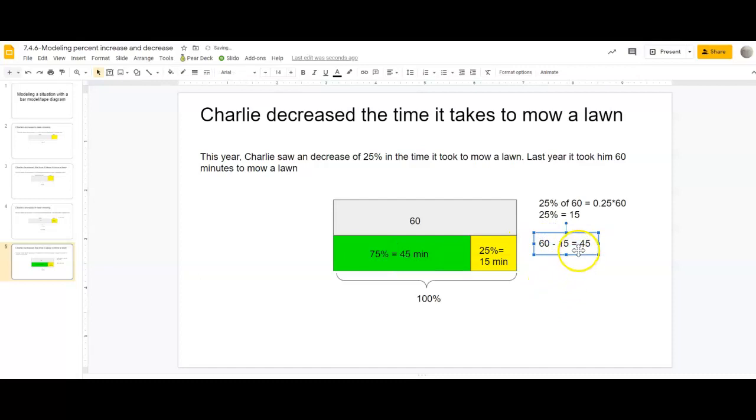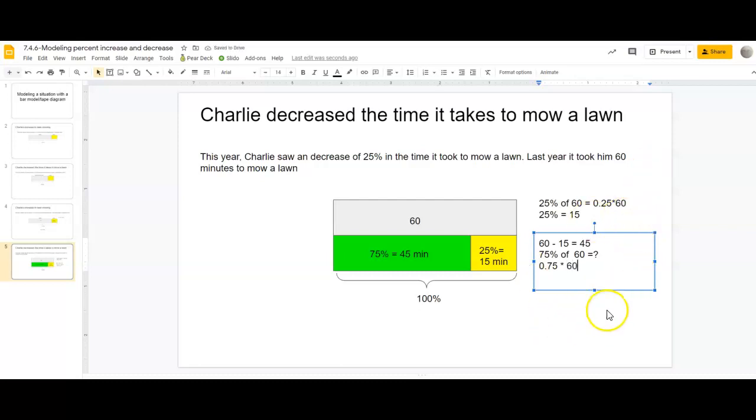Okay? So if I was going to take this one, though, and let's say I said, I wonder what 75% of 60 is. Right? What is 75% of 60? Well, it's right here. It's 45 minutes. Which means if I was to say 75 hundredths times my 60 minutes, my total, then I would get 45.